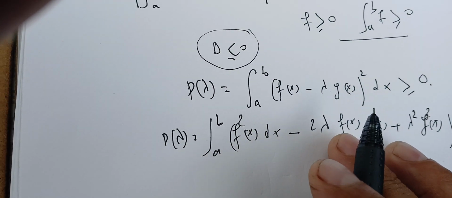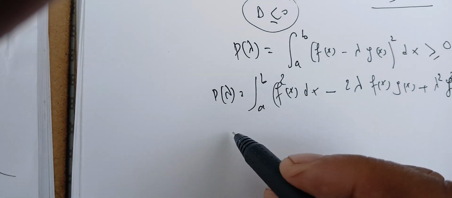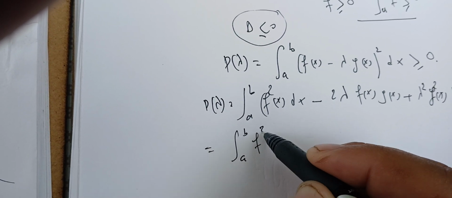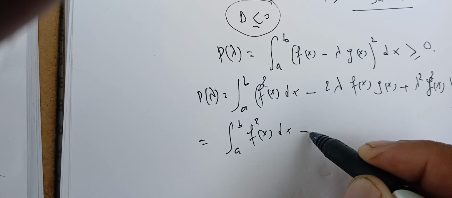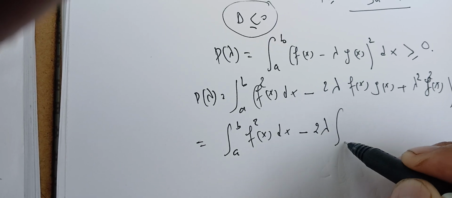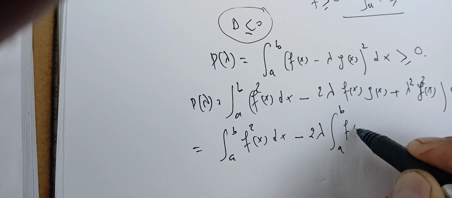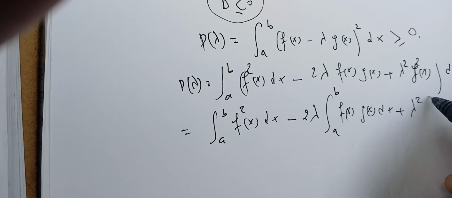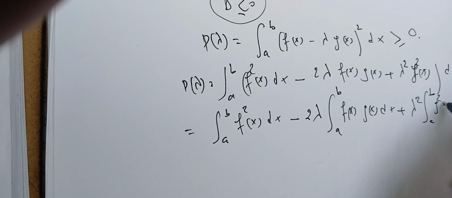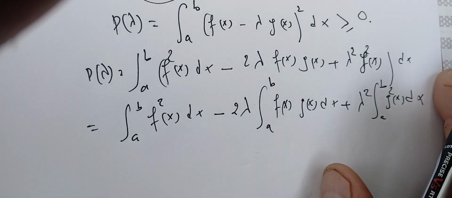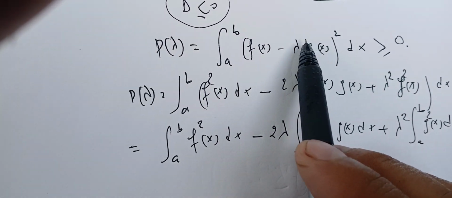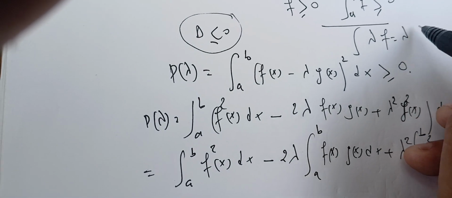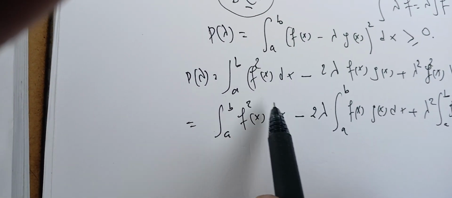And using the linearity of the integral, we can write this as the integral between a and b of f squared dx minus, I'll take 2 lambda outside because it's just a constant, the integral of f of x g of x dx, plus lambda squared times the integral between a and b of g squared of x dx. I did nothing new. I just expanded this and used the fact that the integral of lambda times f is lambda times the integral of f.